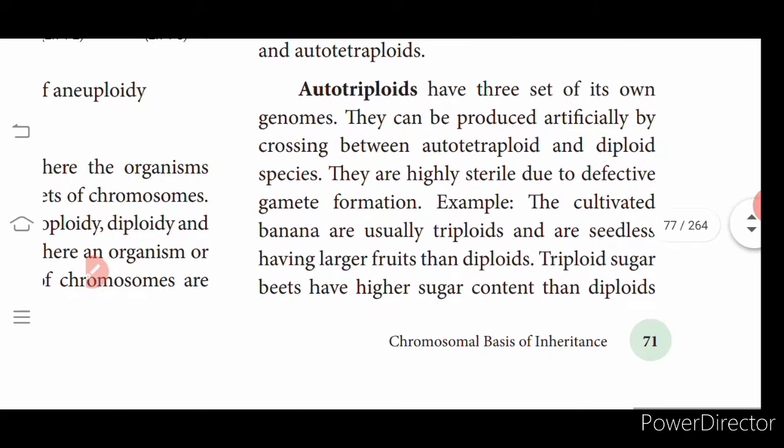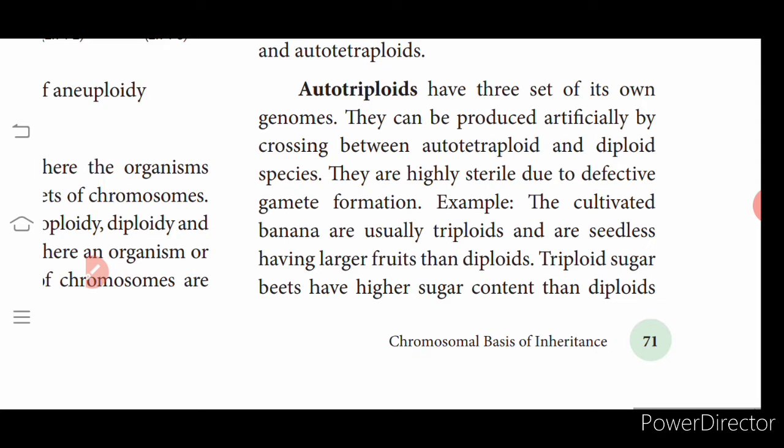It is again divided into autotriploid, where 3 sets of its own genome are present, that is called autotriploid. Okay, autotetraploid can be produced artificially by crossing between autotetraploid and diploid species.